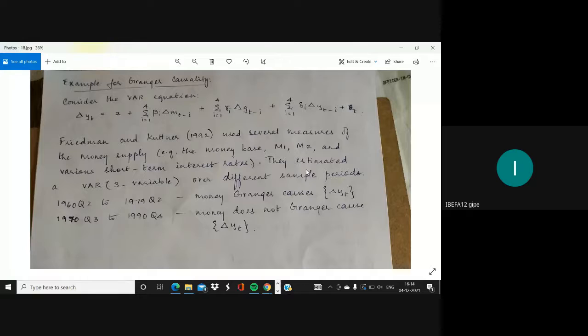The OPEC countries had started restricting the supply of oil and so on, because of which oil prices shot up. So that was an important event, and then we saw stagflation, we saw recession in the US and so on. So there were several things which happened around this time, because of which the relationship between money supply and GDP sort of broke down during this time.